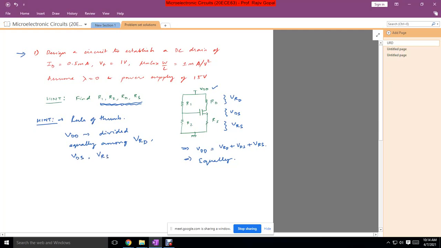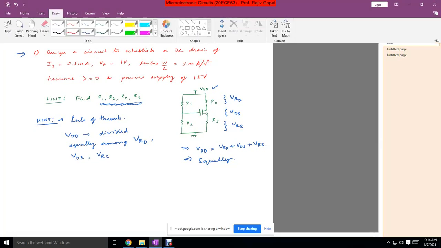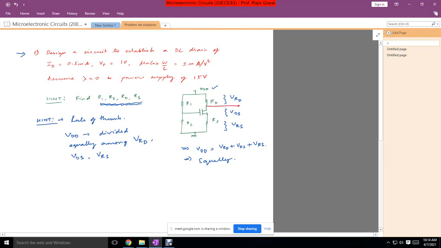In that case, this voltage I will call VD, and this voltage I will call VS. VDD is given as 15 volts. Then VD will be 10 volts, VDS will be 5 volts, and VS will also be 5 volts.